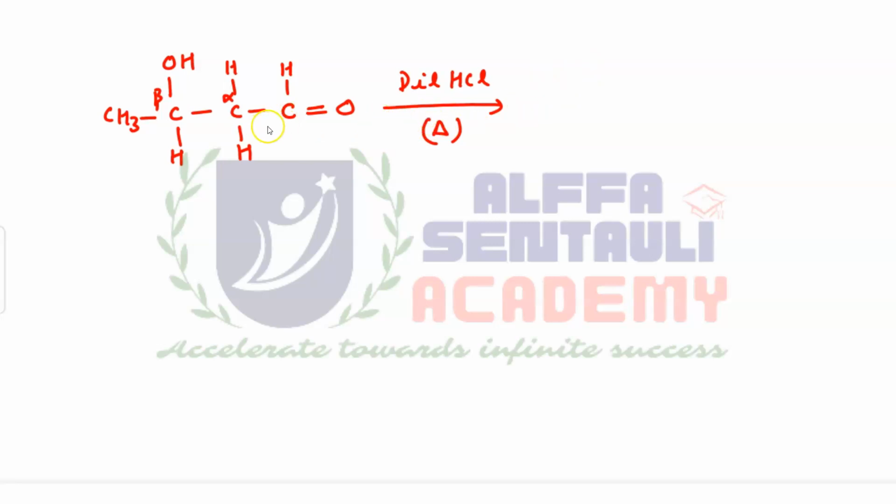See, what will happen when you heat this compound in the presence of dilute HCl, a slightly acidic medium, and you warm this compound? This OH group will combine with hydrogen, and there will be a loss of water. When you heat this, there will be a loss of water. So now there will be a double bond.